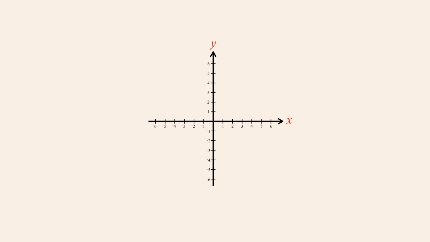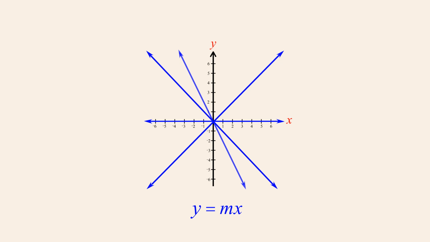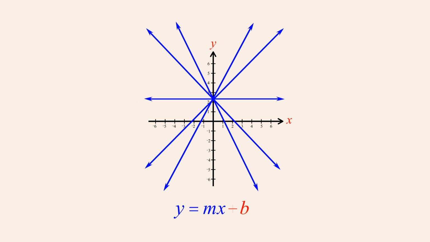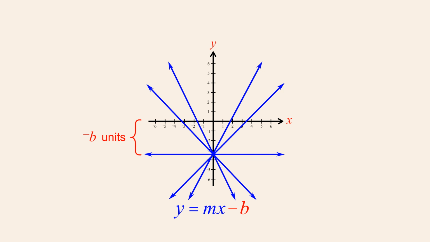For this same reason, taking any linear equation of the form y equals mx and adding a constant b to the right side shifts the graph vertically by b units. The graph is shifted up if b is positive, or down if b is negative.